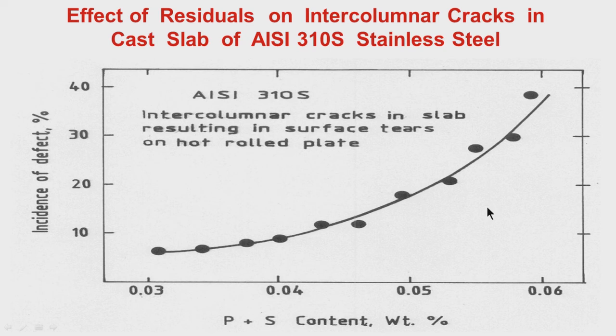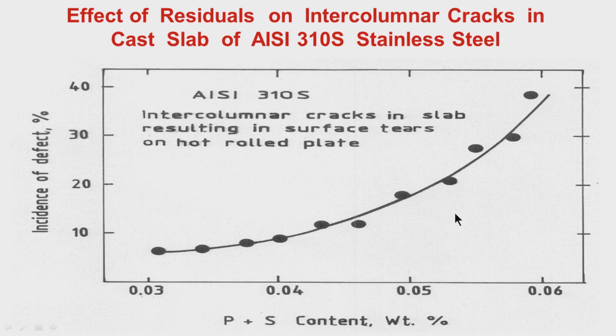Intercolumnar areas are very rich in segregating elements like phosphorus and sulfur, and their incipient fusion problem is there, their solidification temperature also comes down. So, the incidence of these intercolumnar cracks is very high in a grade like 310S, which is an austenitic solidification grade.